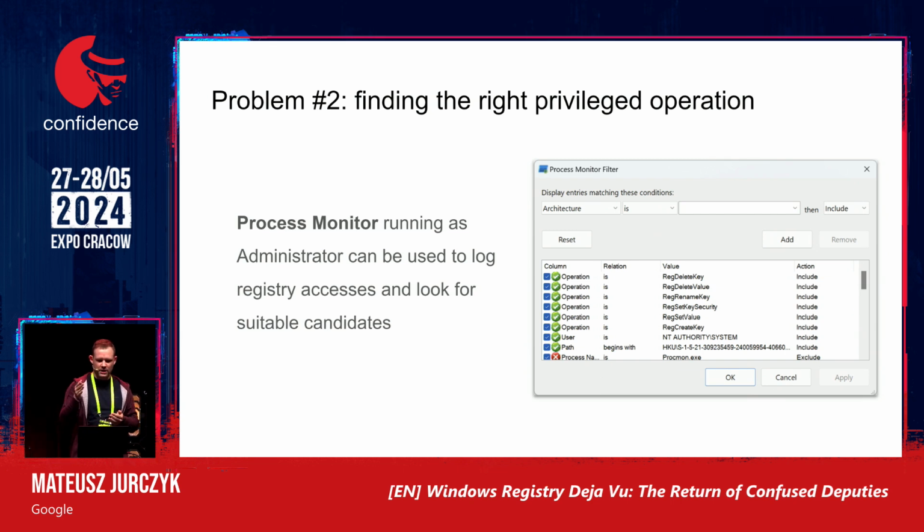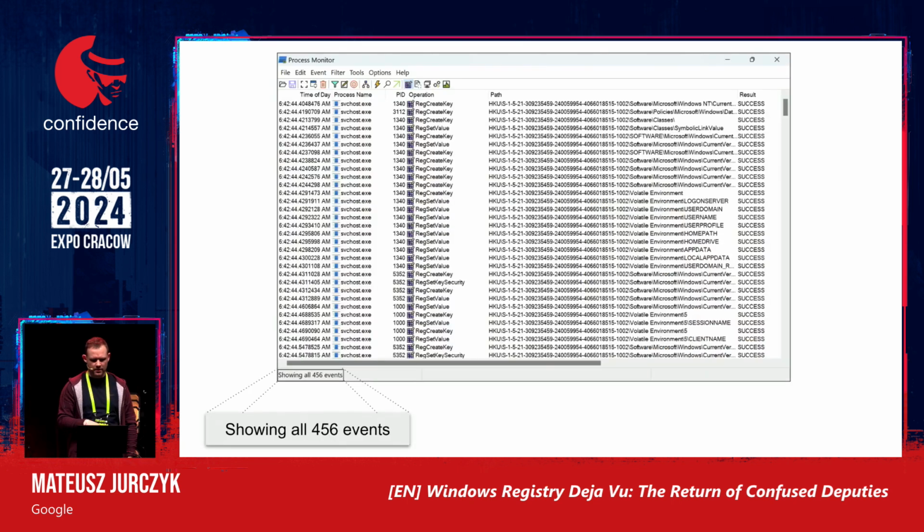For example, make sure that the user operating on the hive is NT AUTHORITY\SYSTEM, which means a system service, that the path begins with the path of our user hive, and that the operation is something interesting. When you use Process Monitor and then, for example, sign in and sign out as a normal user, you will get a list of all of the different operations performed on that specific hive by a system service. So this is quite easy.